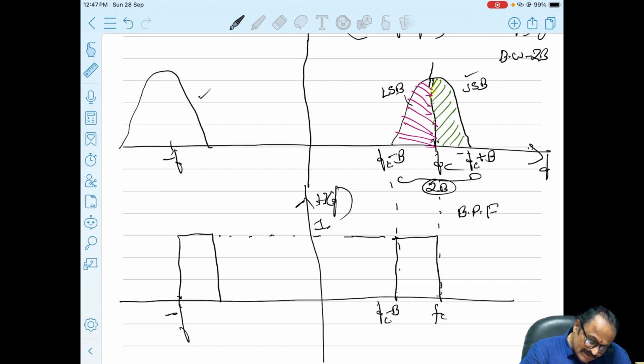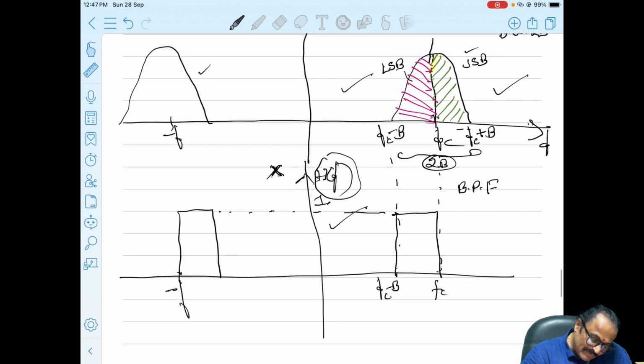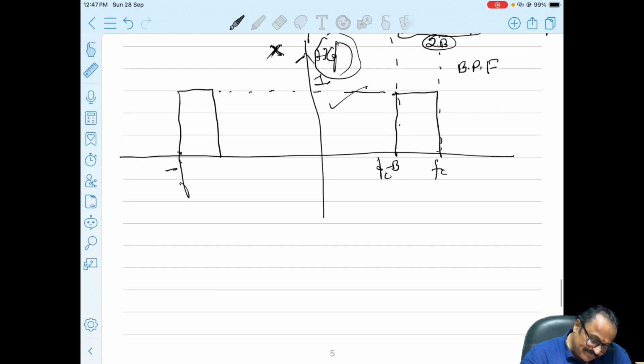See what happens when you pass this through a filter of transfer function H of F. In the frequency domain, it is just multiplication. Filtering means you are multiplying in the frequency domain. So when you multiply these two, what will you get?